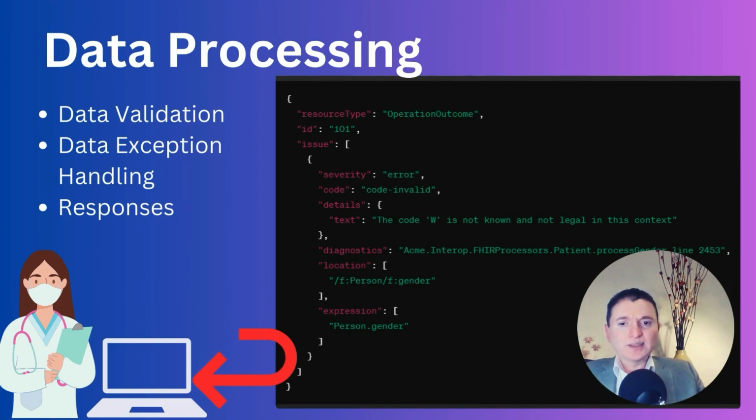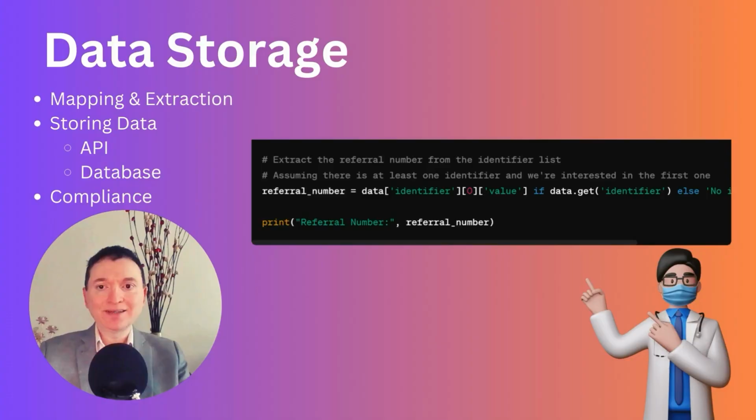These practices help minimize disruption and maintain high standards of patient care. In our next segment, we'll explore how this processed data is securely stored and retrieved, completing our comprehensive overview of the data lifecycle in a healthcare referral.